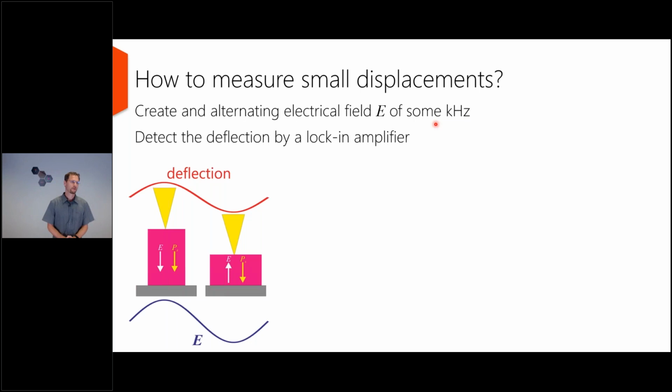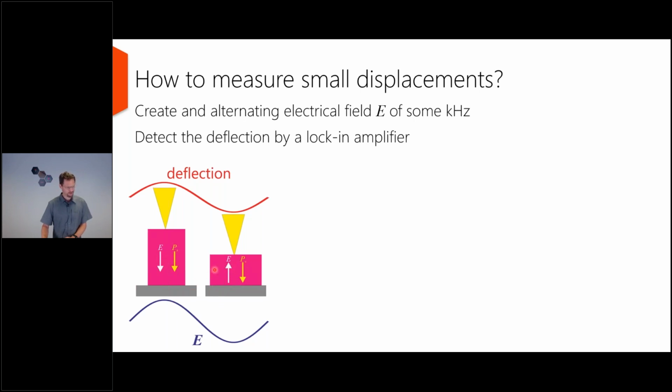So what you often do with AFM is, if DC is difficult, and that is difficult for such small signals, you use AC, and you create an AC field over the sample. So if you do that, the field goes from vertical to downwards to upwards, and when it's downwards, it's parallel.